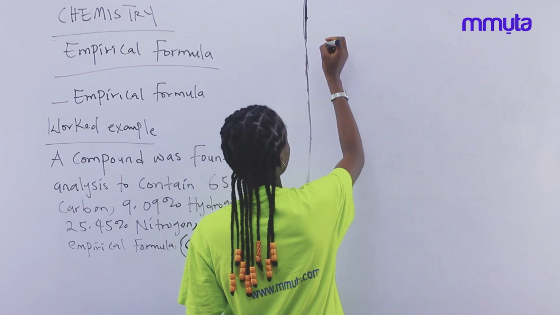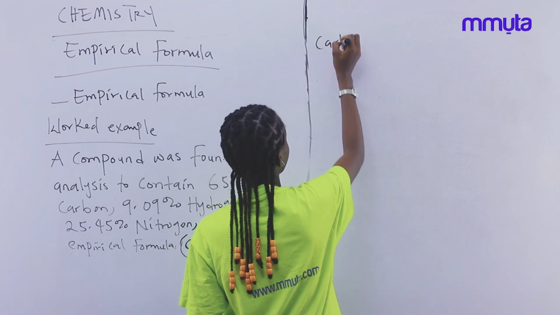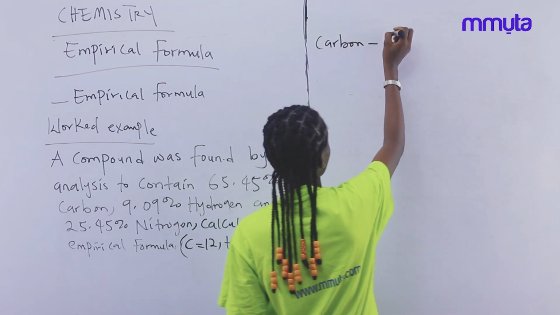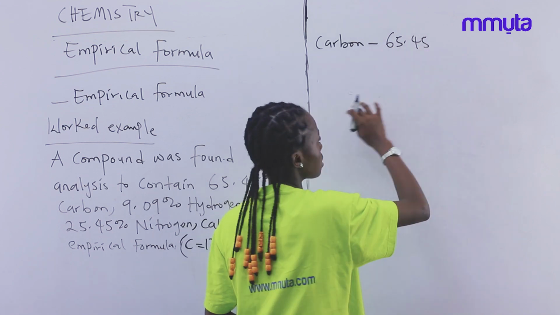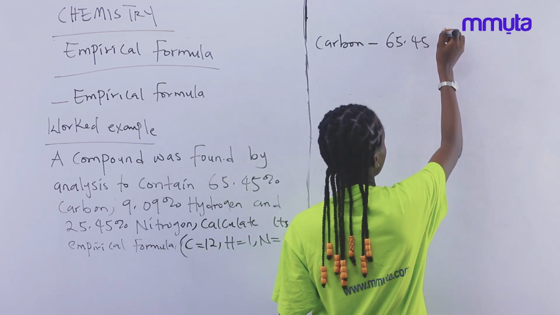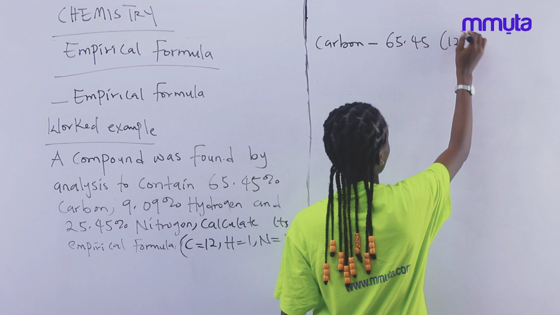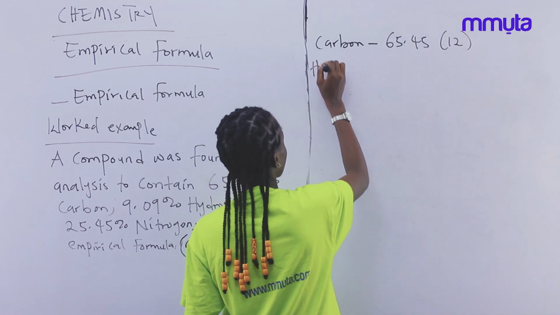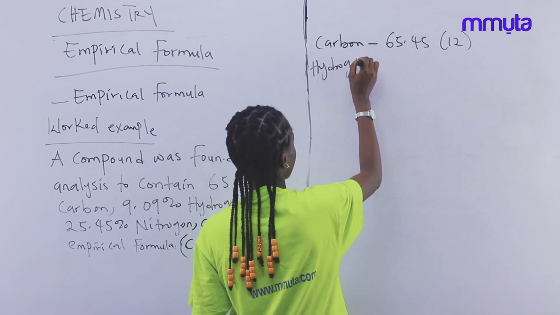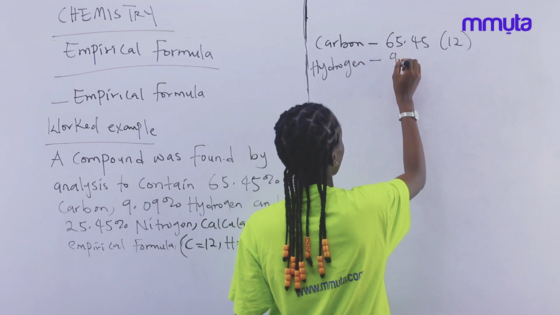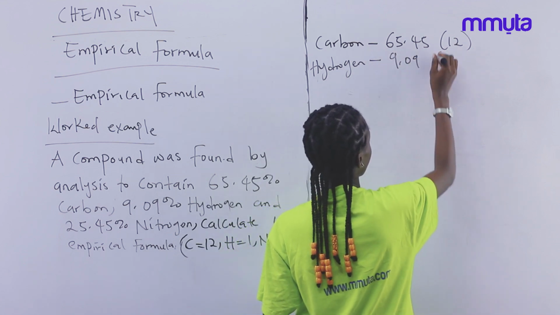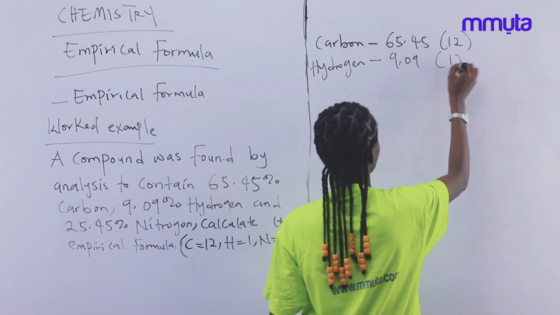For carbon, it is 65.45, and the relative atomic mass is 12. For hydrogen, it is 9.09 and the relative atomic mass is 1.